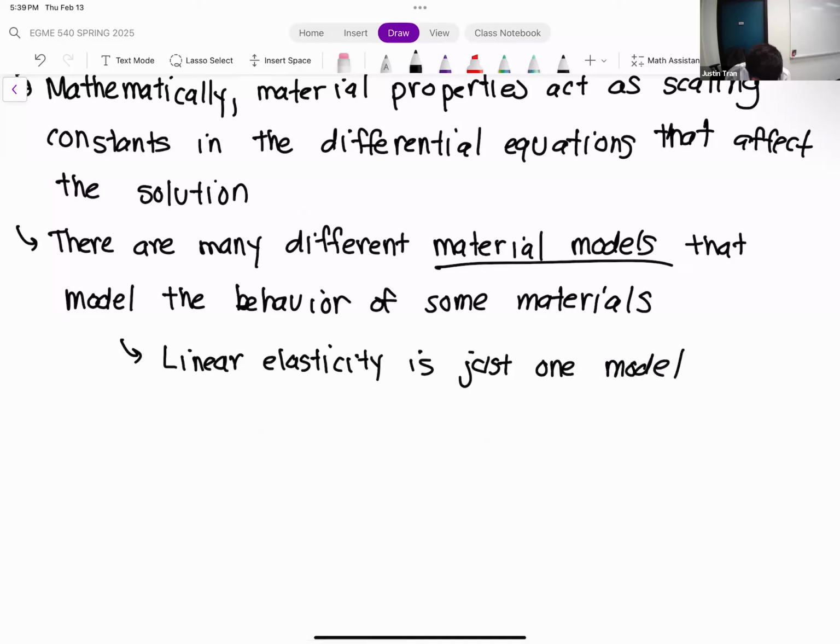The linear elasticity is just one model. It just kind of ends up being the simplest model. Any questions on this so far? Okay, so let's review linear elasticity.